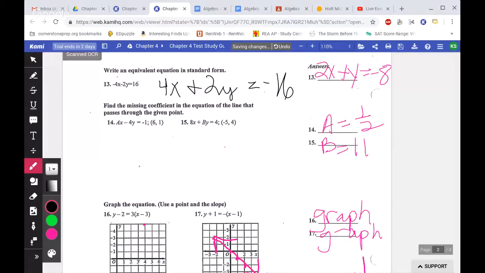You're just supposed to write an equivalent equation, so you're multiplying everything by a particular number.